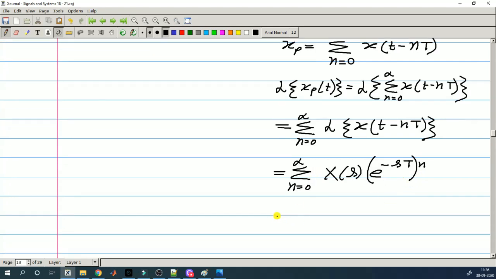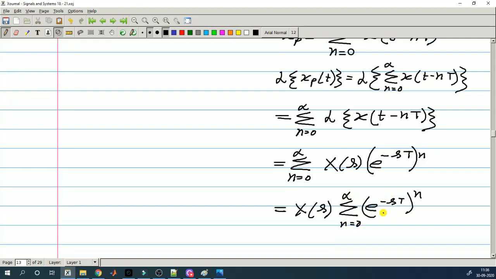Okay, then you can take this capital X(s) outside common, and then the summation of e to the power minus sT whole to the power n in 0 to infinity.